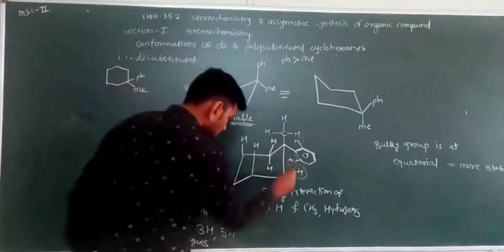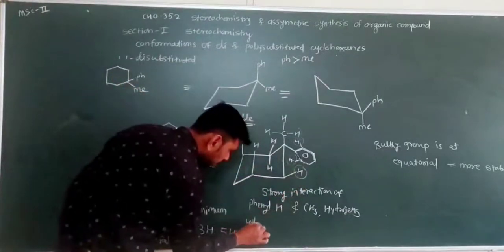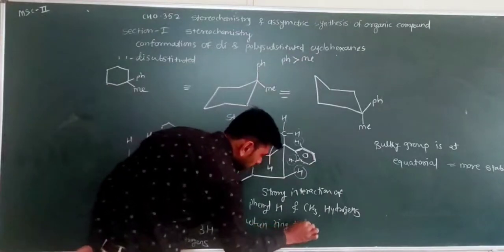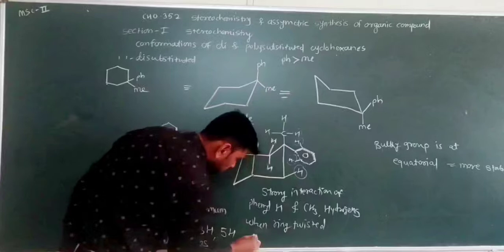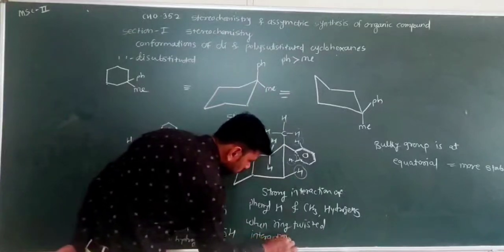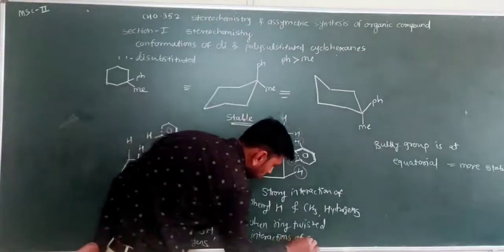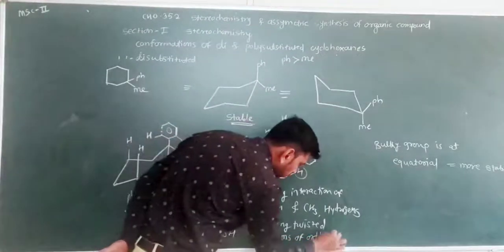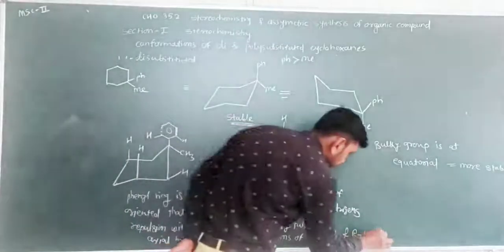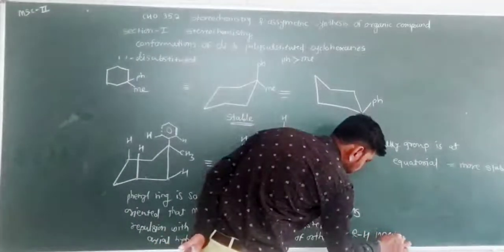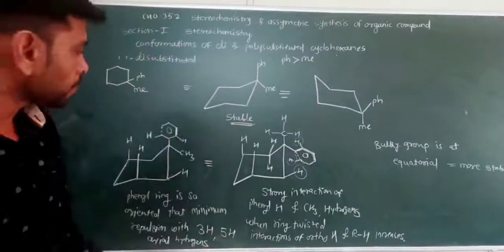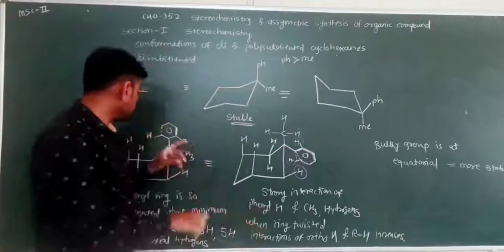So when the ring is twisted, then the interactions of the ortho hydrogen and the equatorial hydrogen increase.